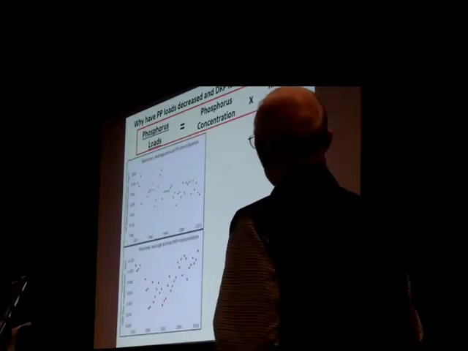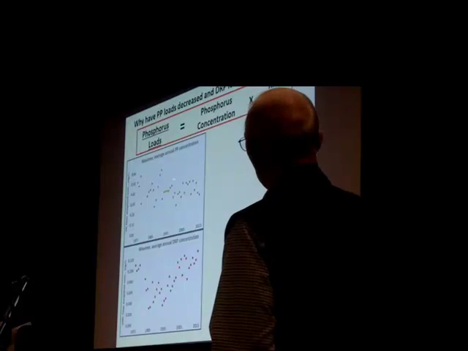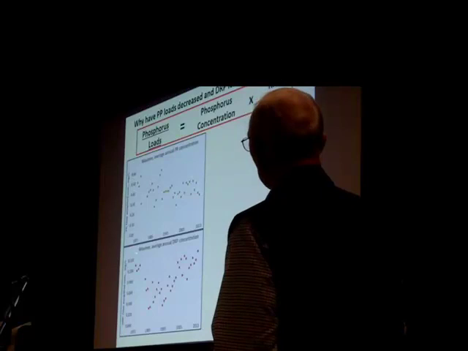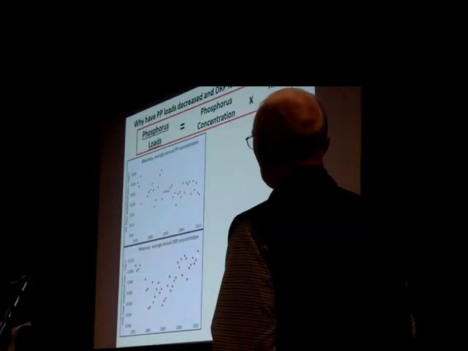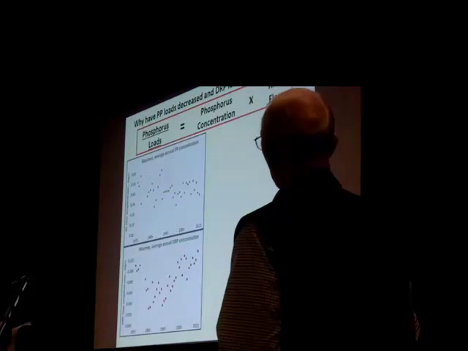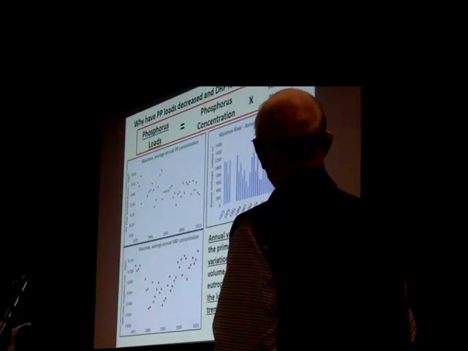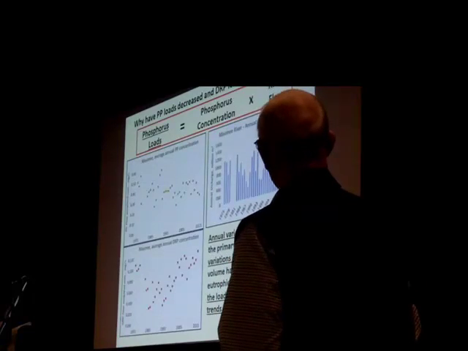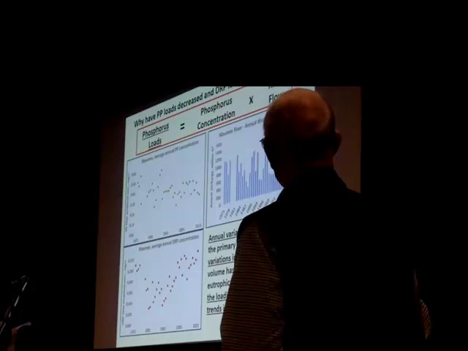These are the concentrations of particulate phosphorus up here in the Maumee River. They've generally gone down. Here's the concentrations of dissolved phosphorus. They dropped rapidly up to the mid-1990s, and since then they've tended to go up by quite a bit. And this is the flow or discharge of the river, and it too has gone up somewhat.